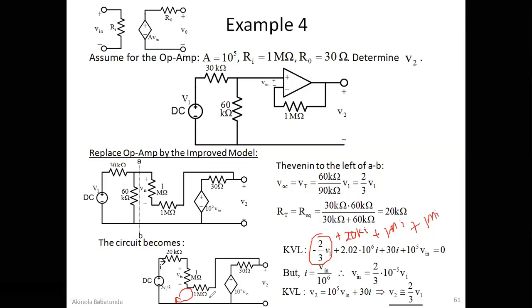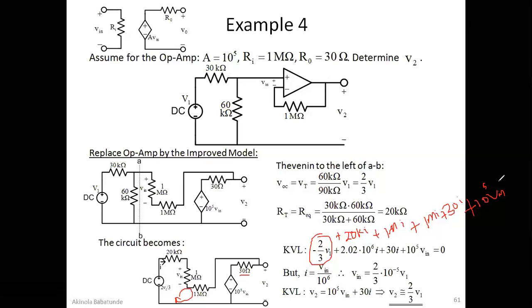And then if we keep going this way, it becomes plus 30 I, because the same current is passing through here. And then it goes down and it becomes plus 10 raised to power 5 V in, because it's traversing from positive to negative. Exactly.